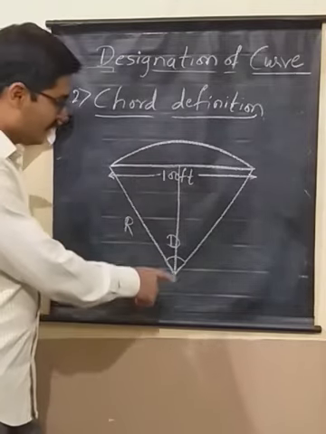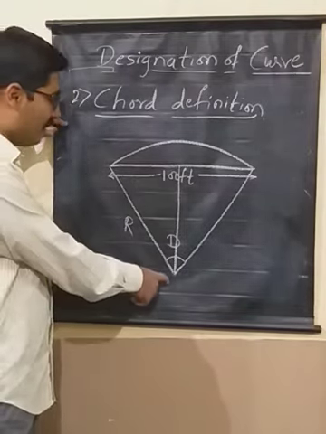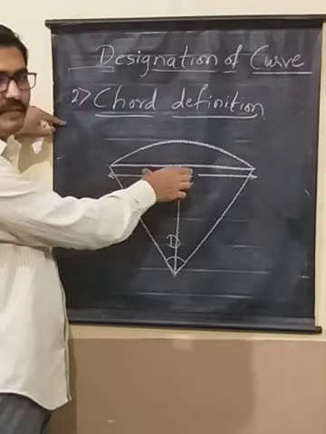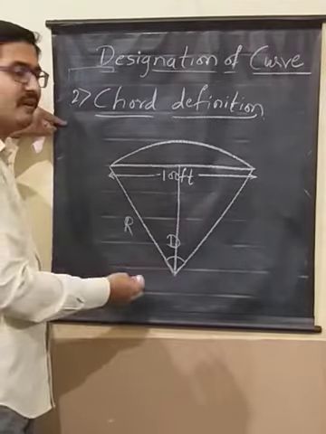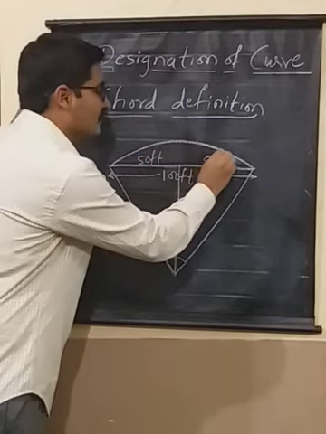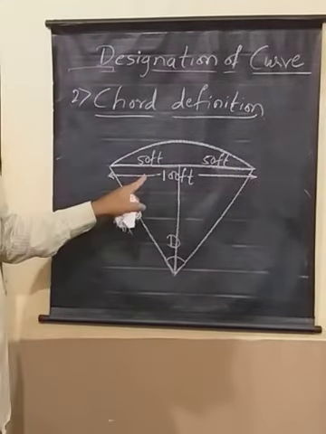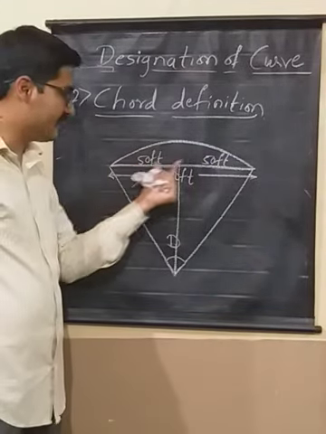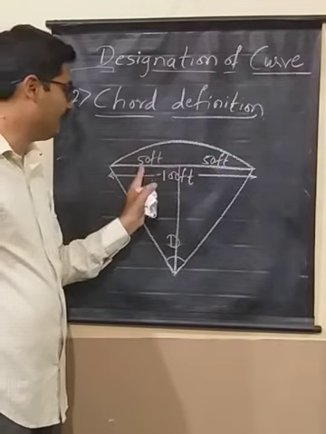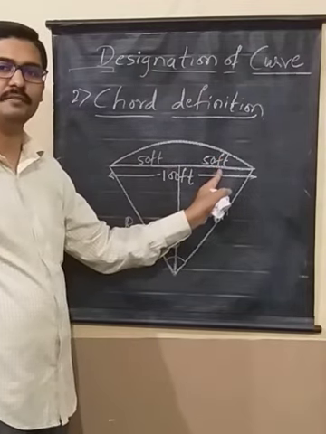So the length of the chord is 100 feet. Bisecting the chord means this will be 50 feet and this will be 50 feet. Understood? So 100 feet will be bisected into two halves, 50 feet and 50 feet.